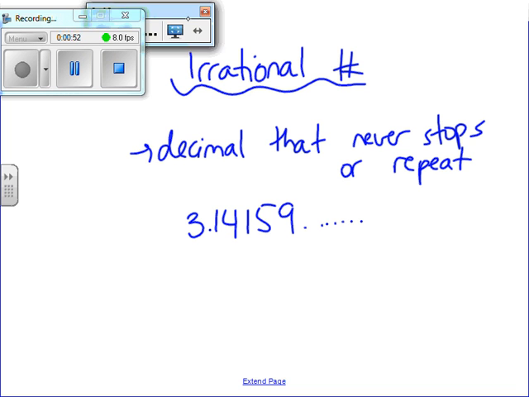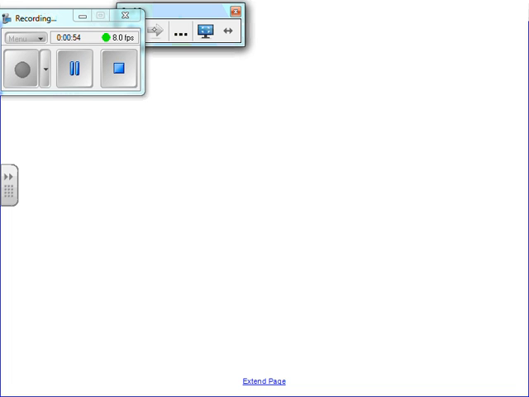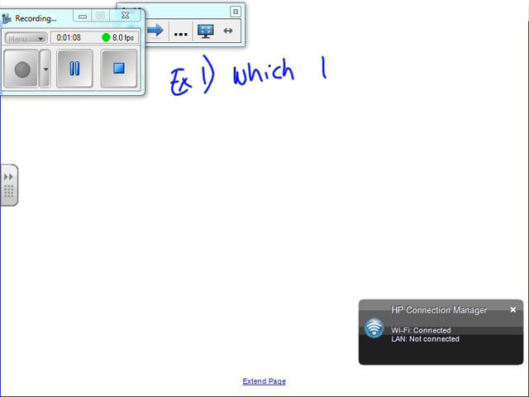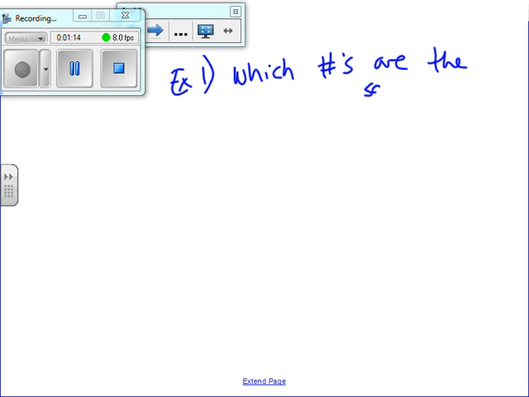All right, so if we move on to the next thing that we're going to be talking about, it's how we are going to recognize if rational numbers are the same. So, this is your first example, which numbers are the same? Because you know that there's a lot of different ways that we can represent numbers.